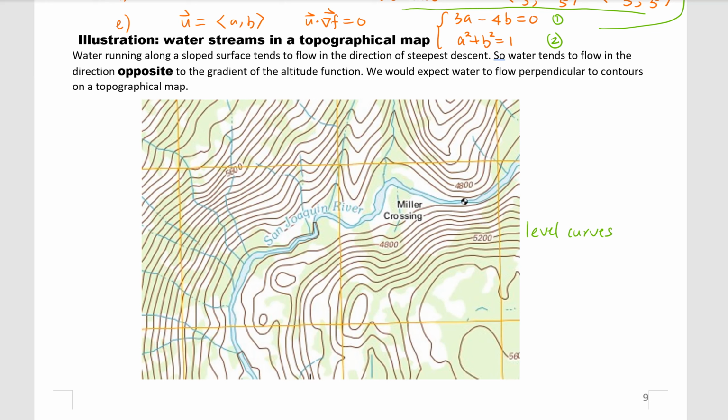Okay, so the gradient denotes the direction where f increases most rapidly. Then how will water flow? Water will flow in the opposite direction to the gradient vector.